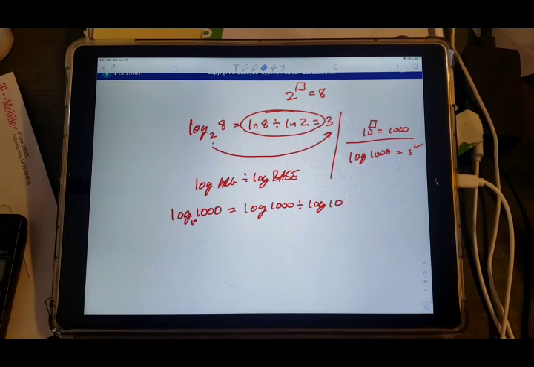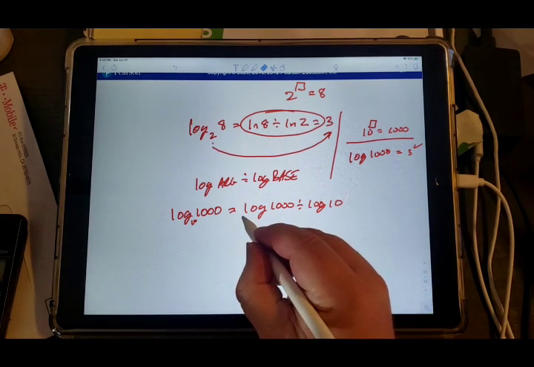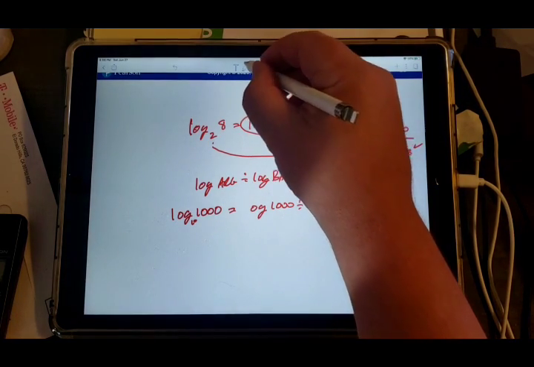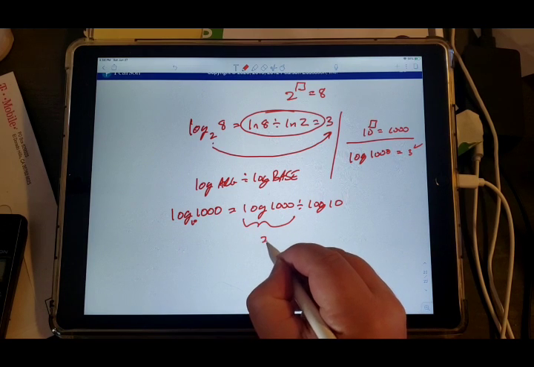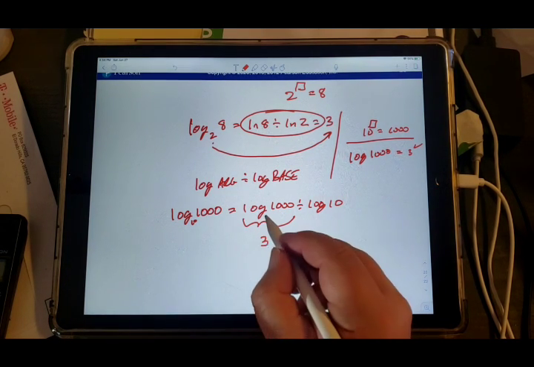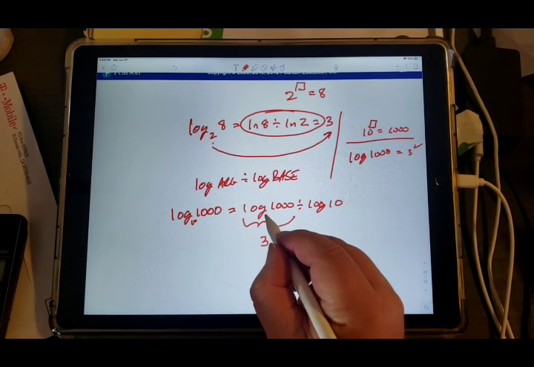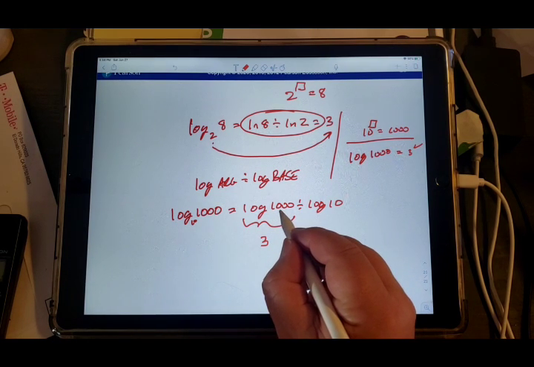But what's weird about this? Why do I find this embarrassing? All right. Well, this is a calculation you could do in your head because it's asking you what exponent you put on 10 to get 1,000.